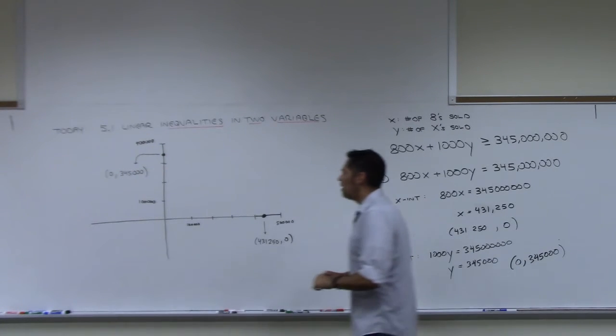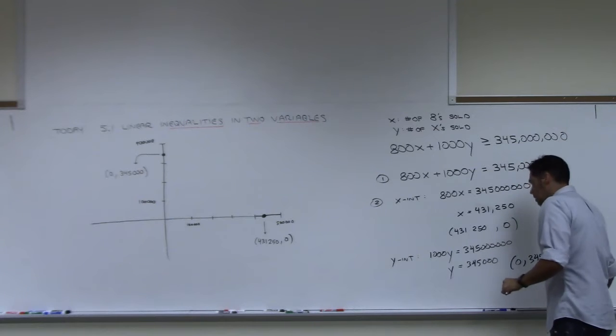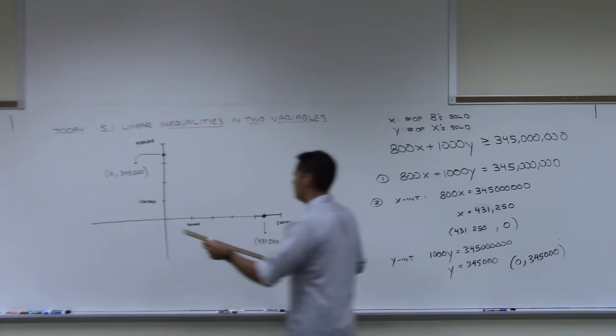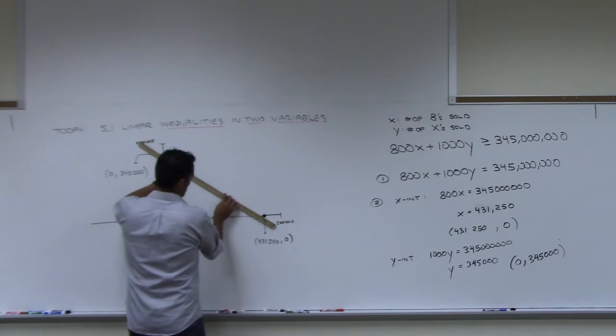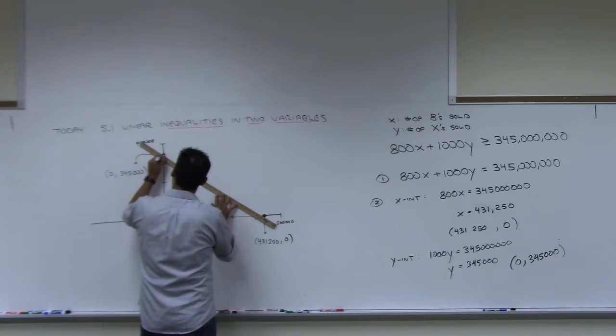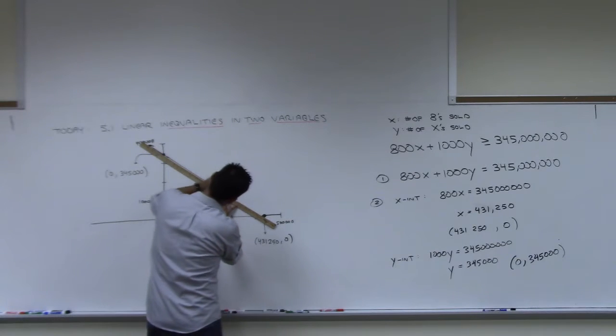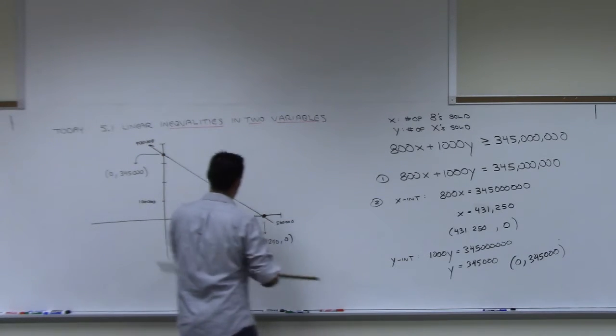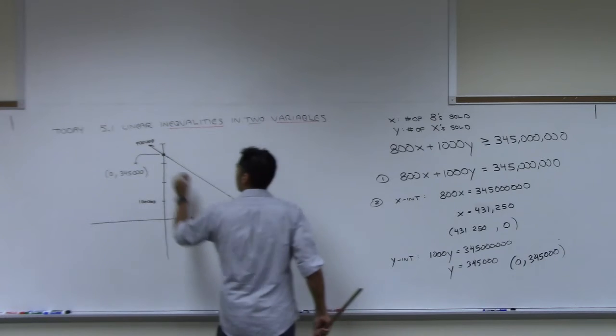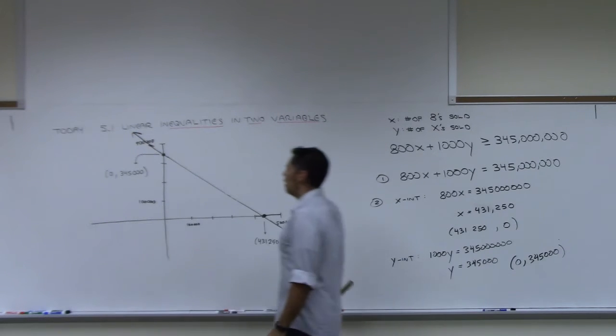And I'm supposed to connect these with a solid line. Doing a terrible job here. Okay, now what?